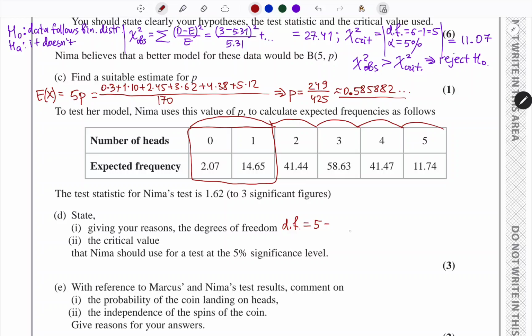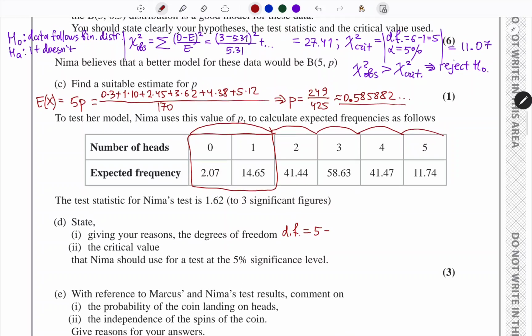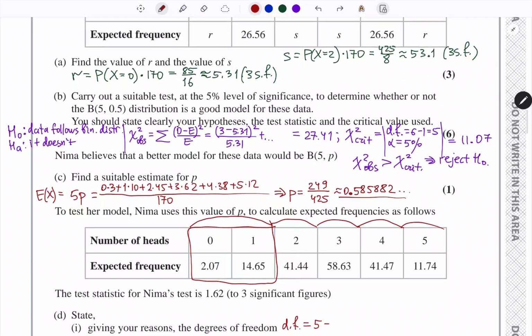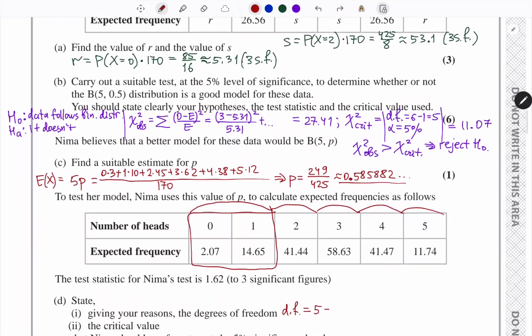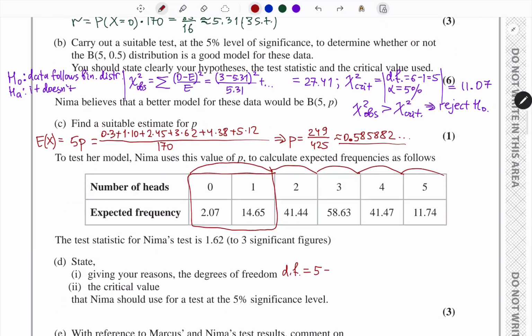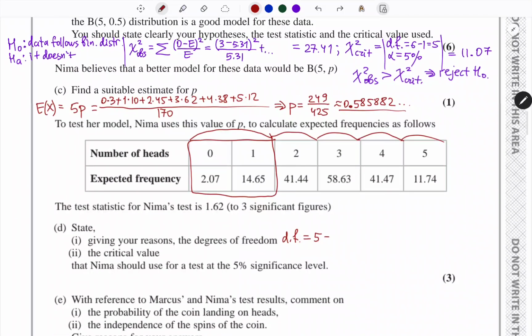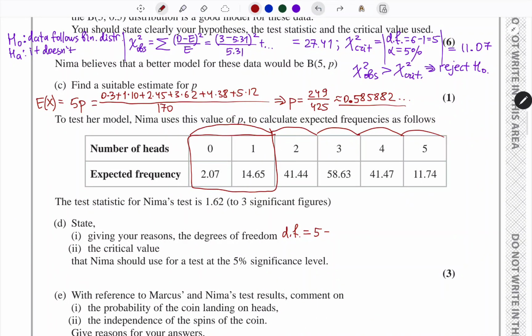I have to subtract the number of parameters that are calculated, that were not given. I calculated the value of p, so I used the data I collected to find the estimate of p. So I have to subtract it once.